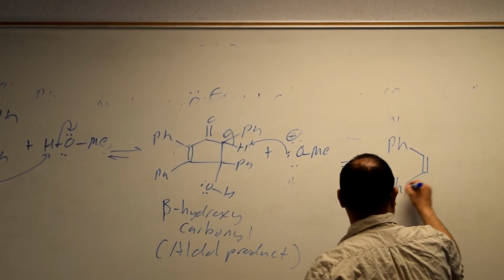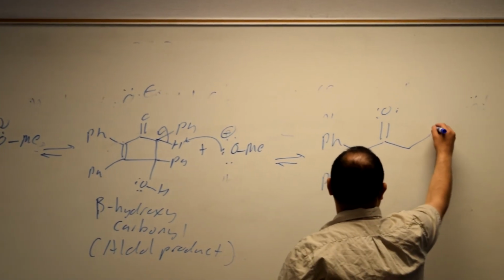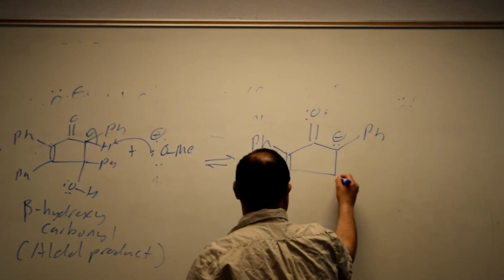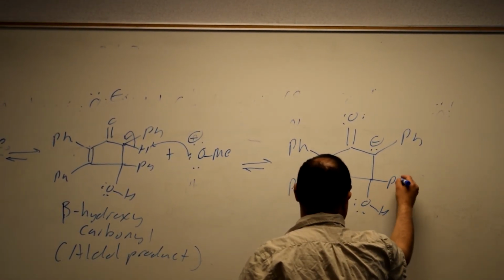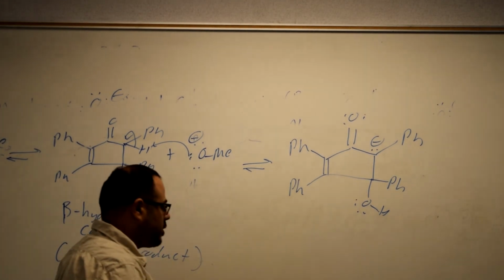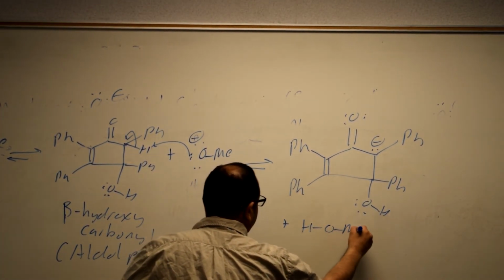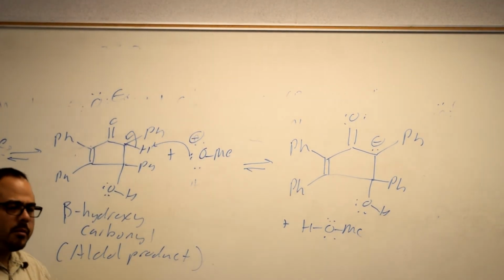They're just resonance structures of one another. And you have your hydroxide here as your poor leaving group, but under these kind of conditions you can get it to eliminate because you're under basic conditions. And so you regenerate more methoxide.